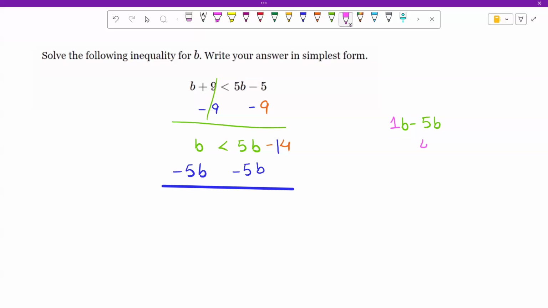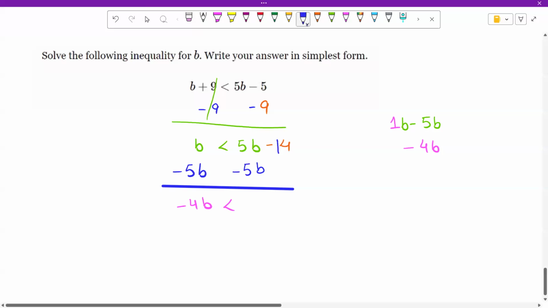Will it be a plus 4b? Will it be a minus 4b? Why is it a negative? Because it's -5b. Yes, negative 5b is actually greater. So we got a negative 4b, and here is a less than symbol.